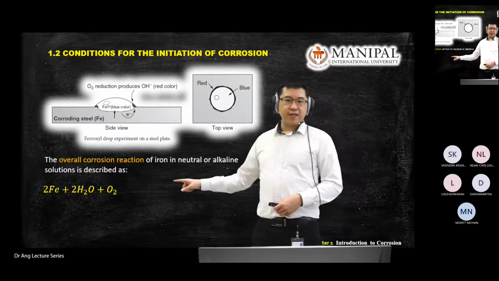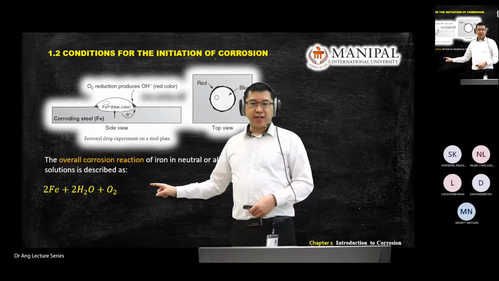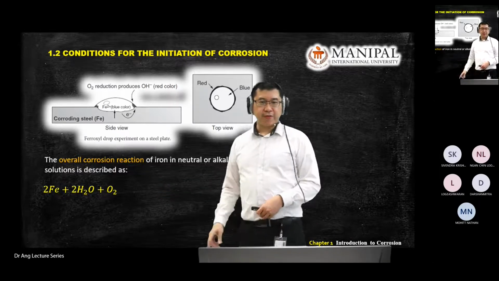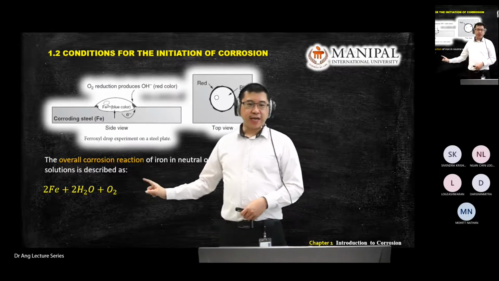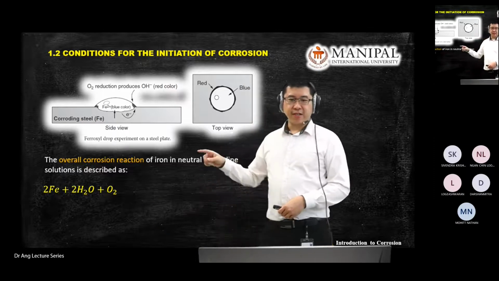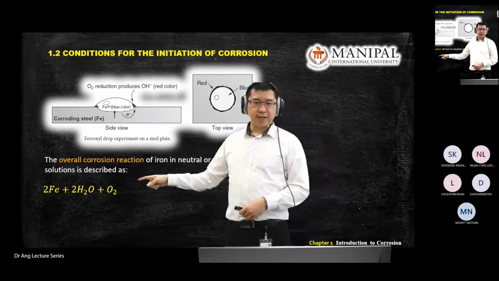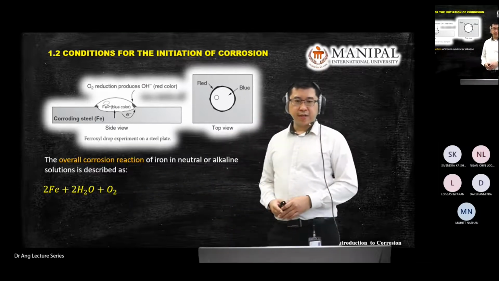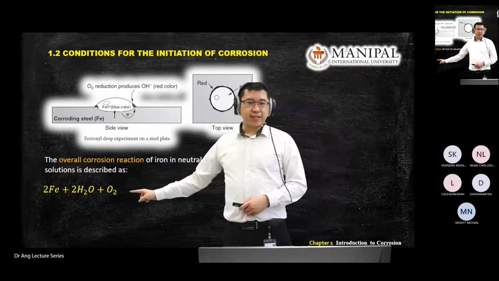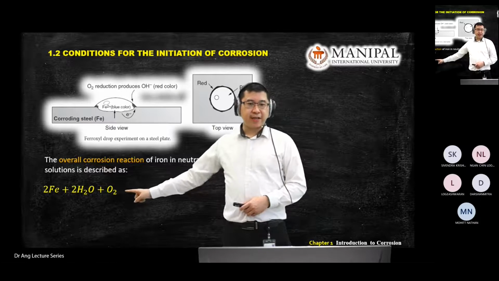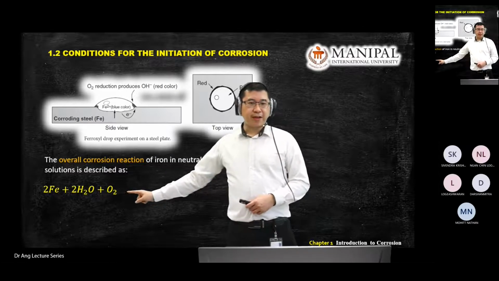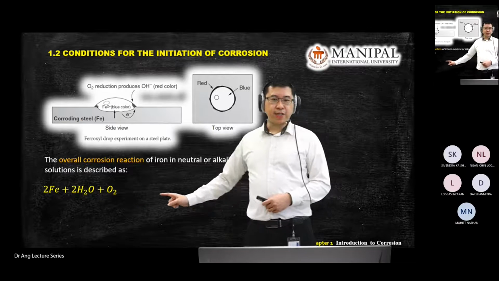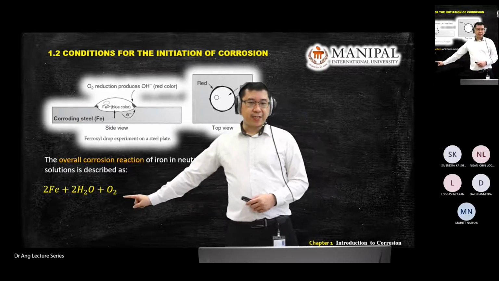If you have water and oxygen plus the material, in this case metal, that is on the left side. You know that a chemical process has a left and right hand side of the equation. So this is before the process.